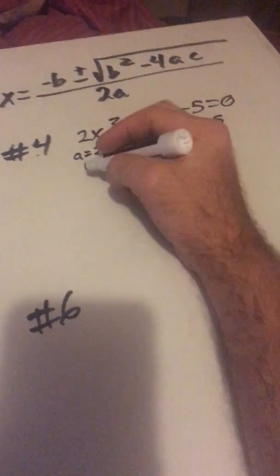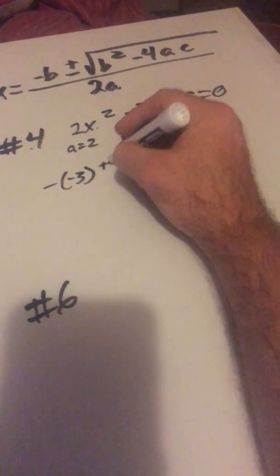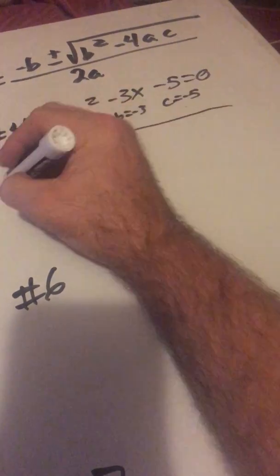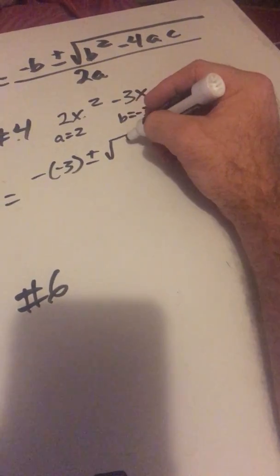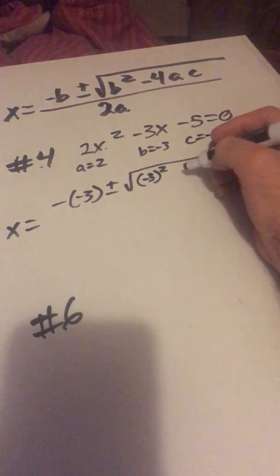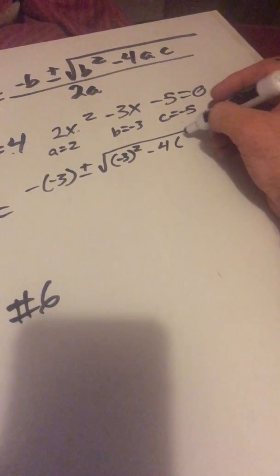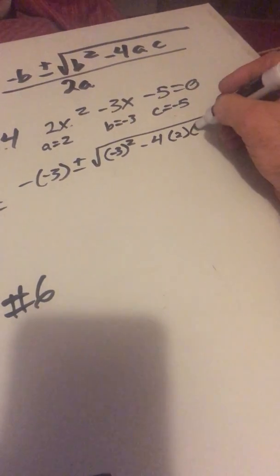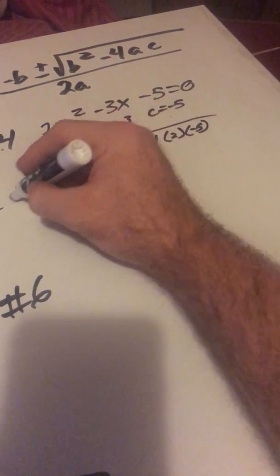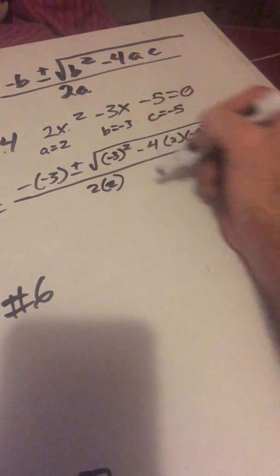So negative b, minus negative 3, plus or minus square root of b squared, so that's negative 3 squared minus 4 times 2 times negative 5, all over 2 times 2.